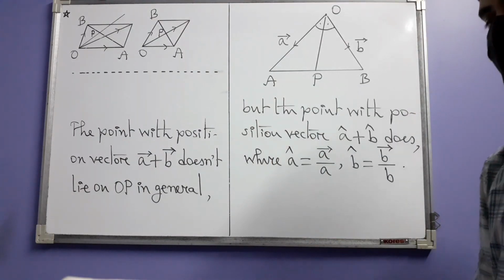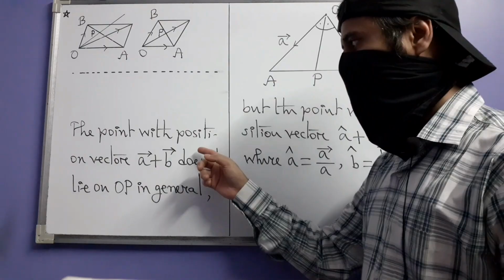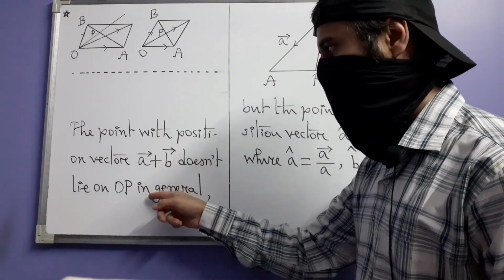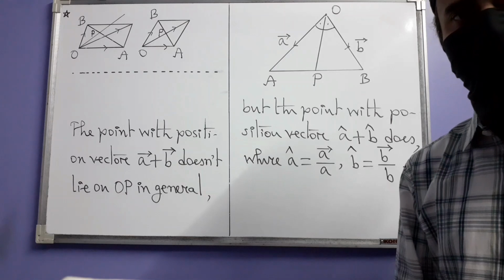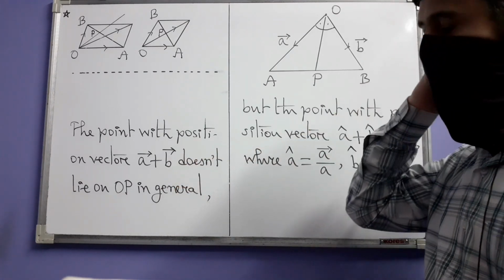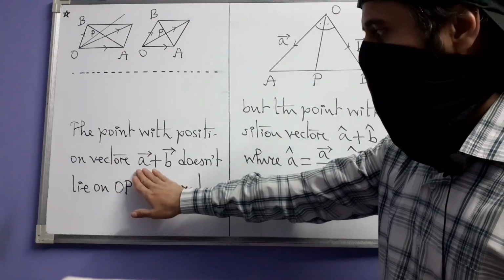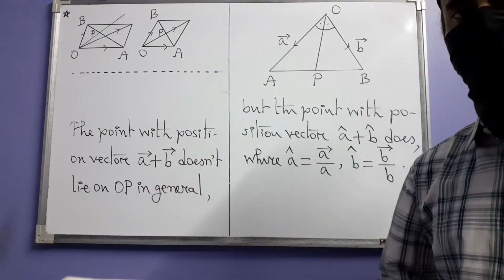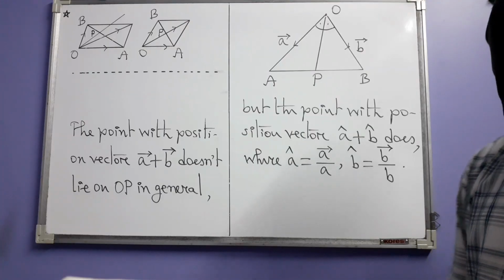Alright. Now, what does the author say? The author is saying here that the point with position vector A plus B does not lie on OP in general. Why? What is that point? How do you calculate the sum of two vectors? By using the definition of vector addition.